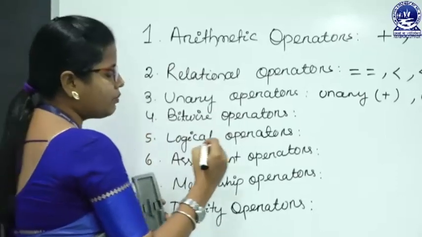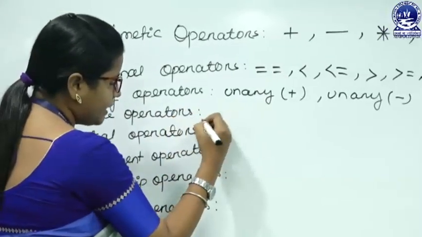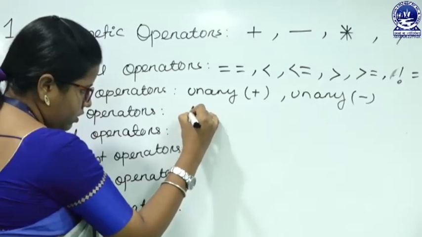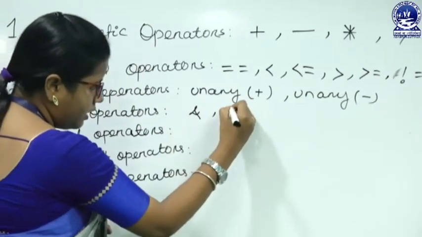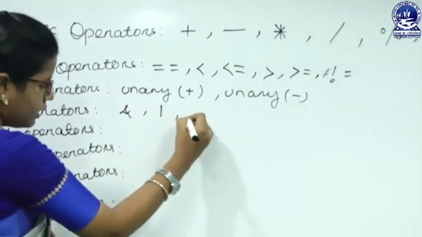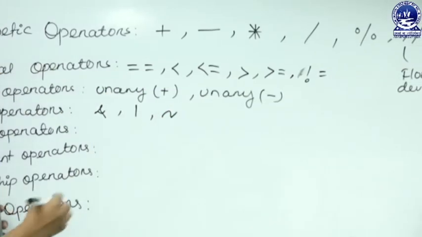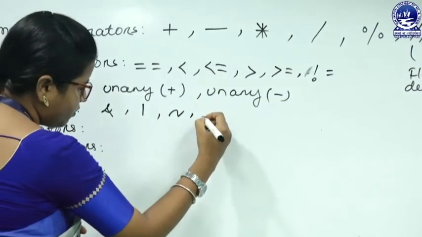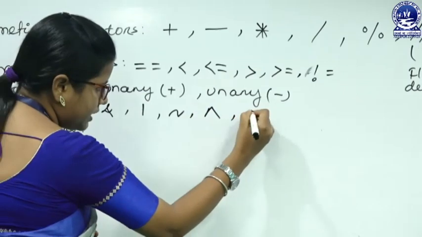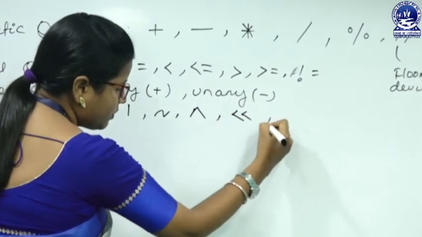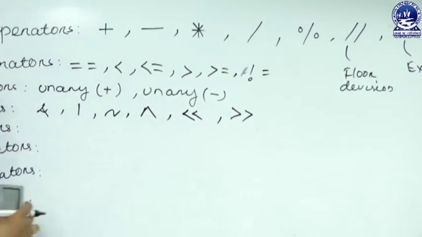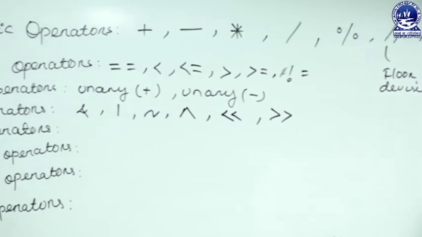Next we have bitwise operators. Bitwise operators are bitwise and, bitwise or, then bitwise complement, next bitwise XOR, bitwise left shift and bitwise right shift. So these are the bitwise operators.